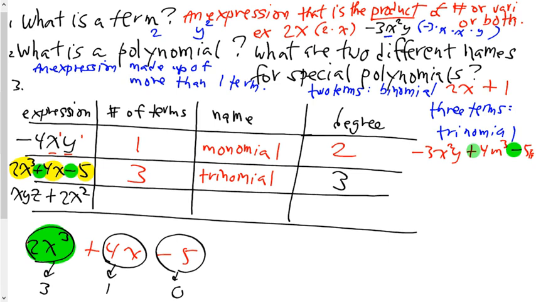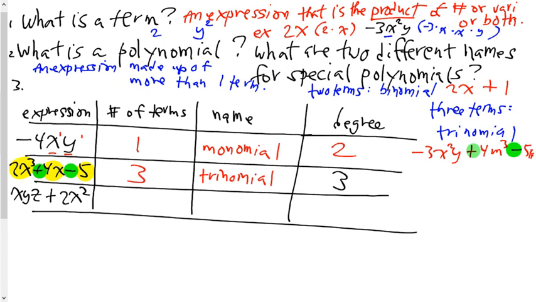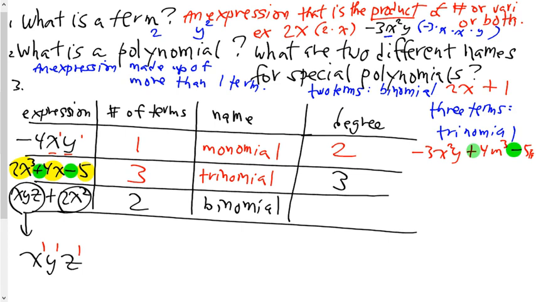In our last question, well, I lost that one. We have 1 term, 2 terms, 2 terms here, which is called a binomial. And if we look at the degree of each term, this x, y, z, our first term, x has an exponent of 1, y has an exponent of 1, z has an exponent of 1.